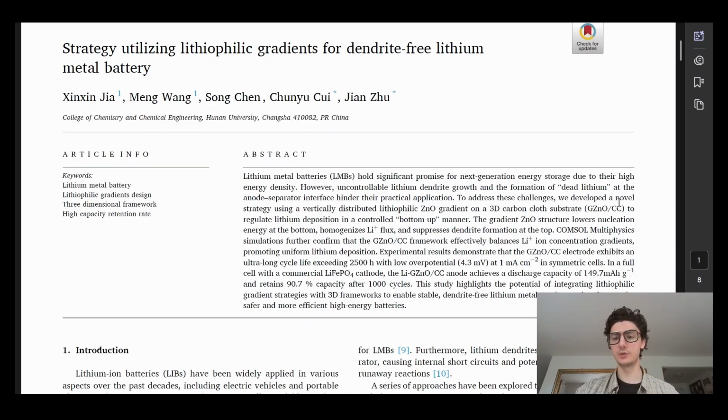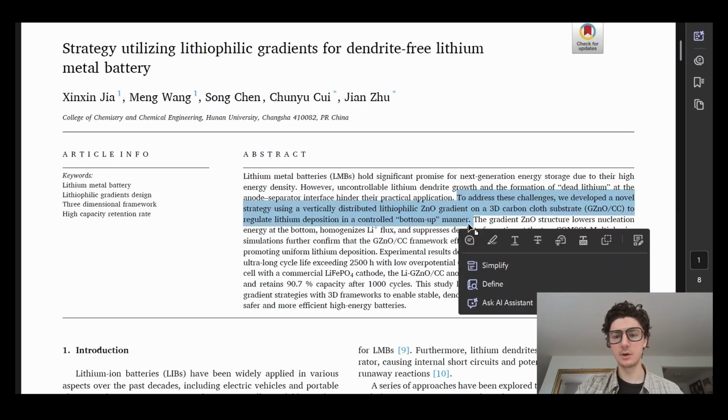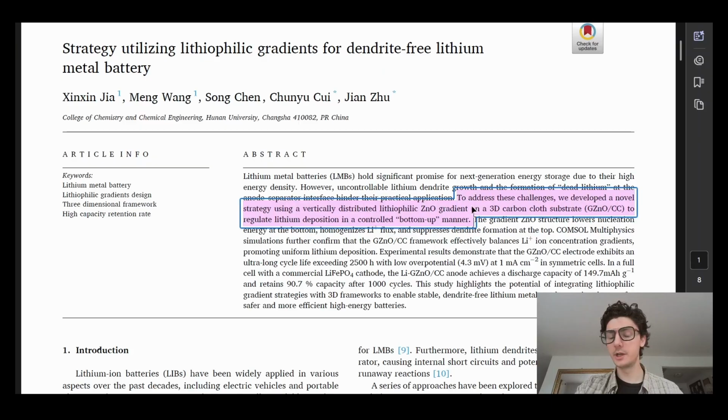To address these challenges, we develop a novel strategy using a vertically distributed lithophilic zinc oxide gradient on a 3D carbon cloth substrate, GZnO/CC, to regulate lithium deposition in a controlled bottom-up manner. This is a crazy sentence, basically the entire article in one sentence. Very nice thing to put in the abstract.